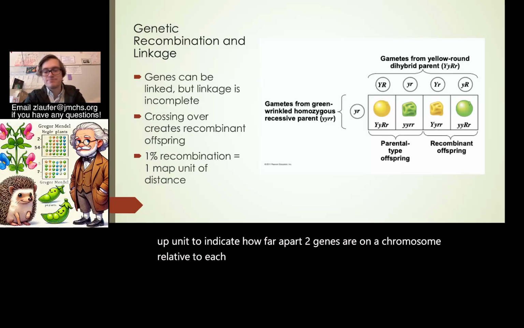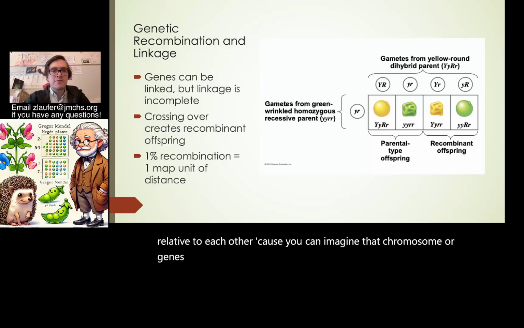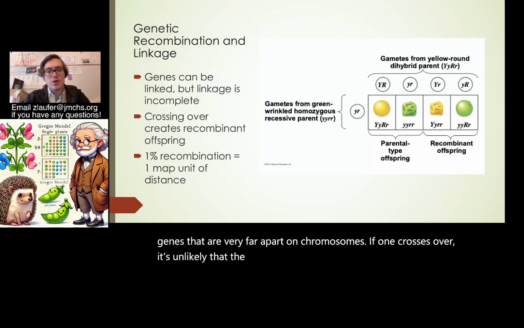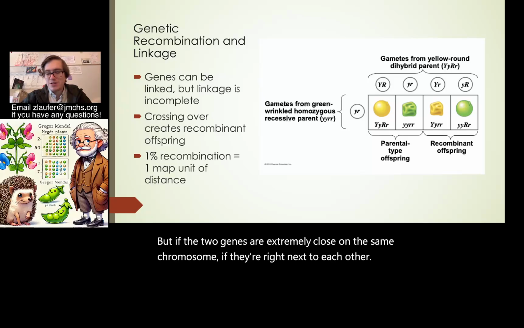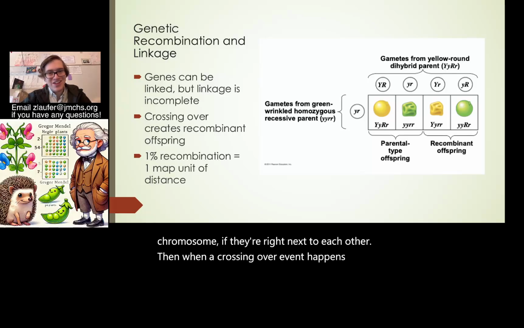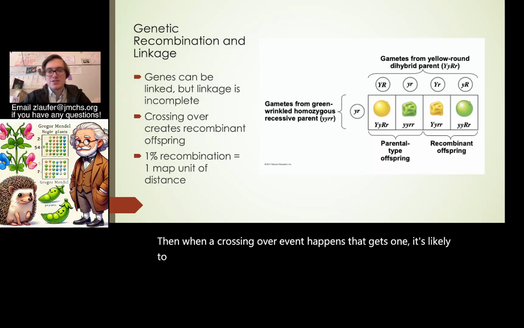Because you can imagine that for genes that are very far apart on a chromosome, if one crosses over, it's unlikely that the other one crosses over as well. But if the two genes are extremely close on the same chromosome, right next to each other, then when a crossing over event happens that gets one, it's likely to get both of them, and so you still wouldn't have that recombinant type.